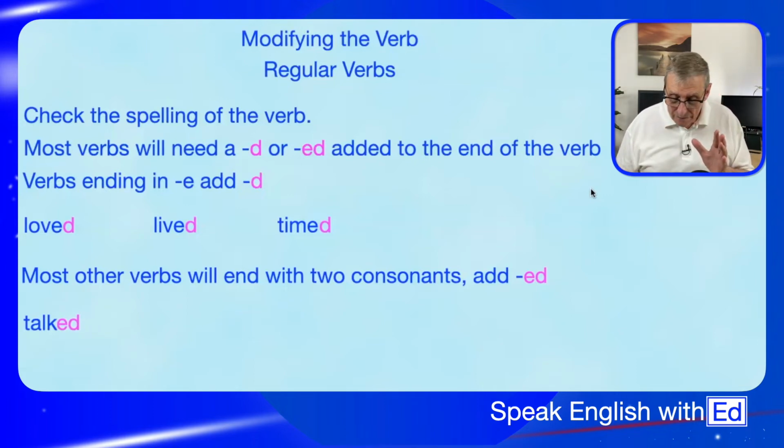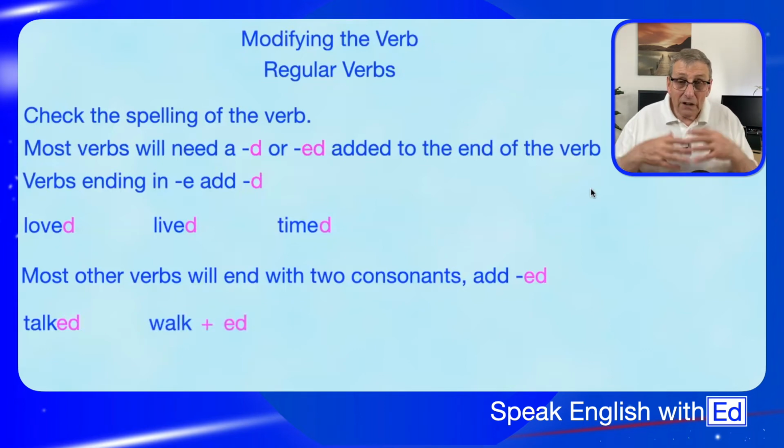Now another one is walk. Walk, again, W-A-L-K, again, L-K. So we add an ED because L and K are both consonants. So here we've got walked, walked, talked, and walked.